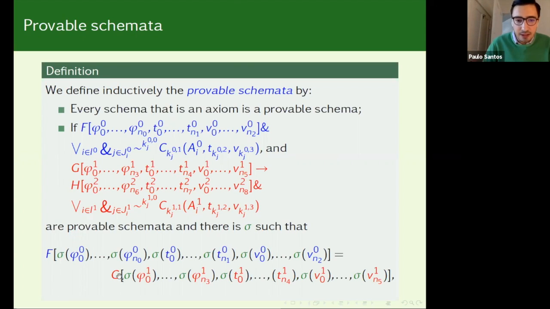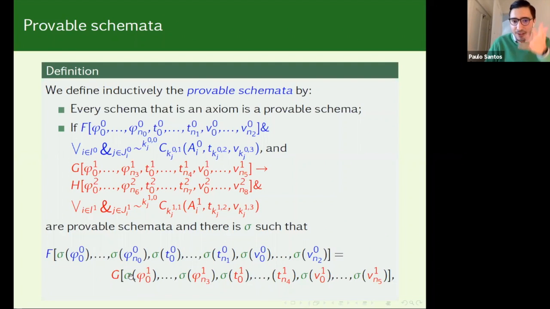So let us analyze this. This means that sigma of F is equal to sigma of G. In a sense, F can be instantiated in such a way that it coincides with the same instantiation made to G. So in a very naive way, F and G can be fitted into a common, more concrete shape.